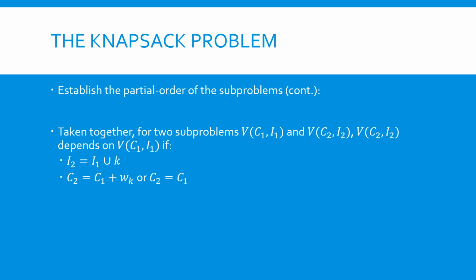First, I2 equals I1 union K, meaning that I2 is formed by adding one item to I1. Second, C2 equals C1 plus WK, or C2 equals C1, meaning that the capacity increases by the weight of item K or remains the same.